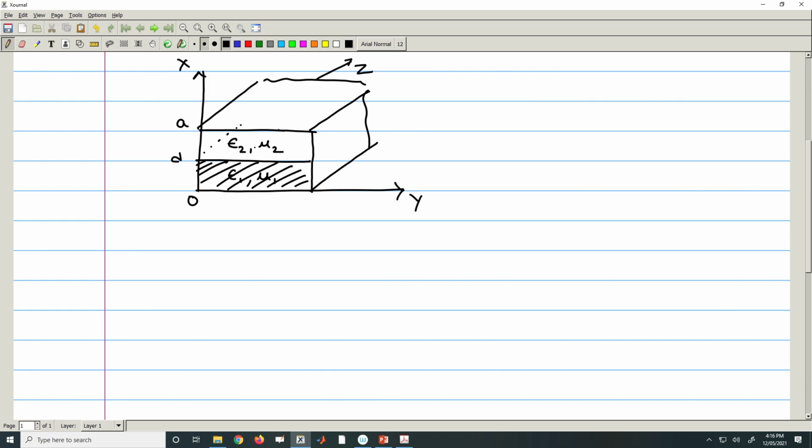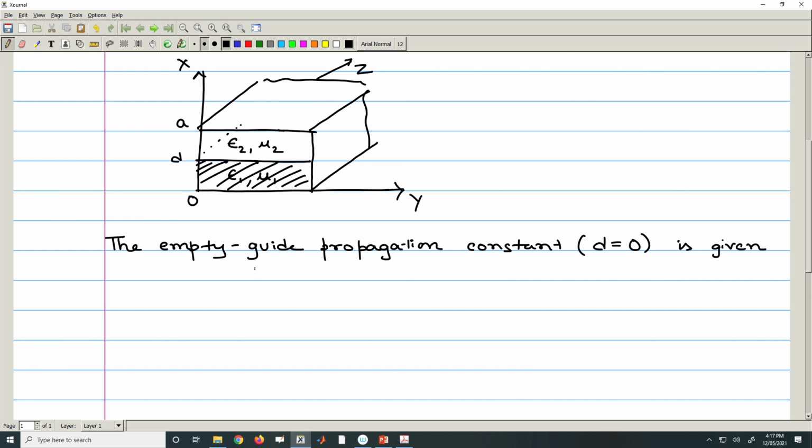It is given that the empty guide propagation constant, that is if d is 0, is given by beta naught equals root under k2 square minus pi upon b whole square.